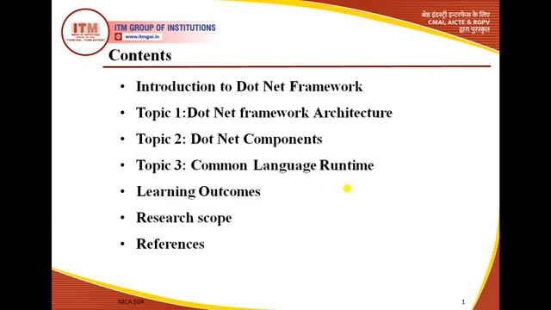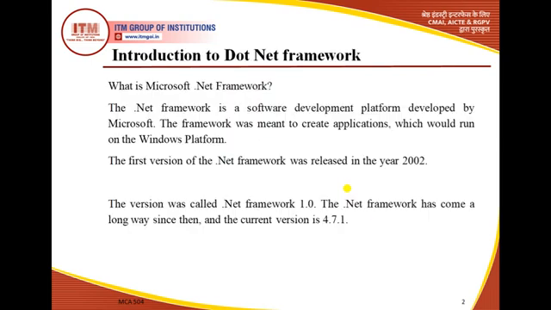After studying architecture, we'll study the components which are present in the architecture, and then we'll go for topic number 3, that is the common language runtime, which is an integral part of this .NET architecture. And afterwards we'll see the learning outcomes, then whatever research scope there is for the .NET technology, and then we'll see the references. So let us begin.